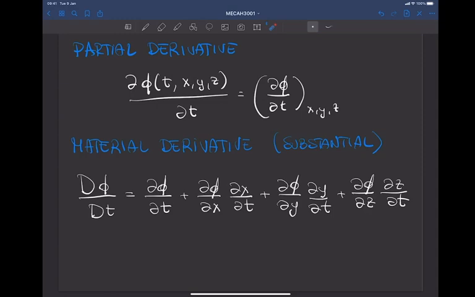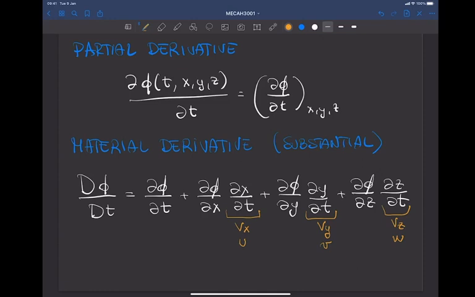And so the velocity with which this property is moving is indeed given by this component here, because you see that this is a velocity in the x direction, this is a velocity in the y direction, this is a velocity in the z direction. Sometimes they are indicated, as we did before, as u, v, w.